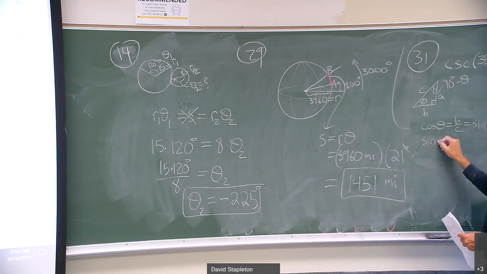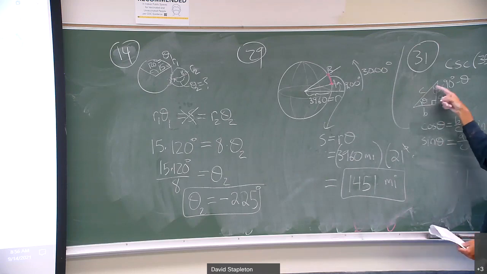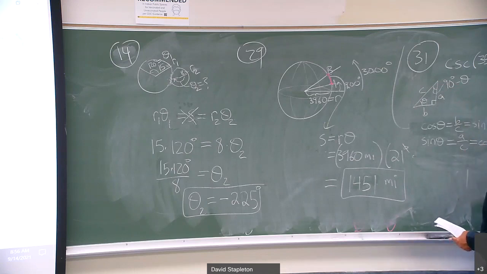Similarly, the sine of theta is opposite over hypotenuse, A over C, which is the cosine of the complementary angle over here, right? A over C is the adjacent over the hypotenuse for this angle. And similarly for tangent and cotangent.